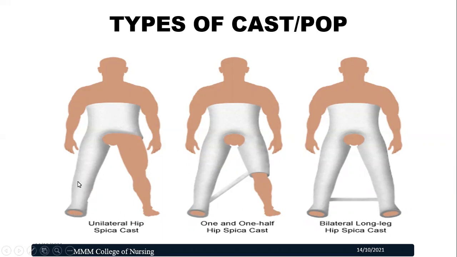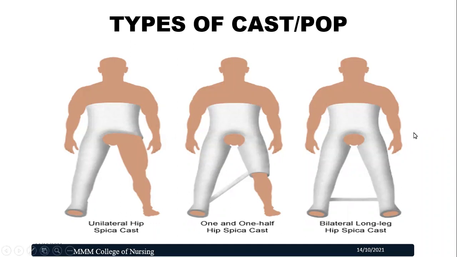If only one leg is covered along with the hip, then that is called the unilateral hip spica cast. In case the trunk, one full leg and half of the other leg is covered with the POP, then that is called the one and a half hip spica cast.